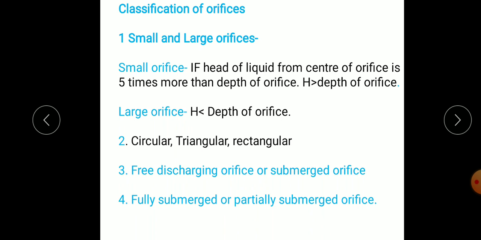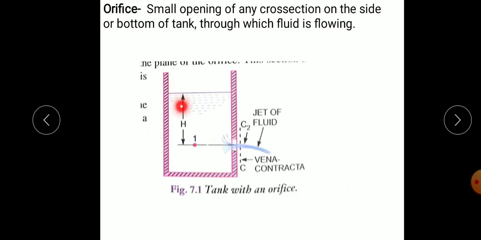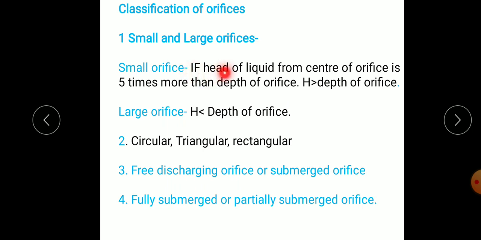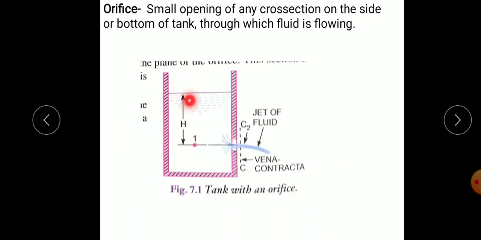Depending on the head available, orifices are classified as small and large orifices. Here the head available is H. If H is more than 5 times the depth of the orifice, that is, if the head of the liquid from the center of the orifice is more than 5 times the depth of the orifice, then it is called a small orifice. In this diagram you can see the depth H is large compared to the orifice depth.